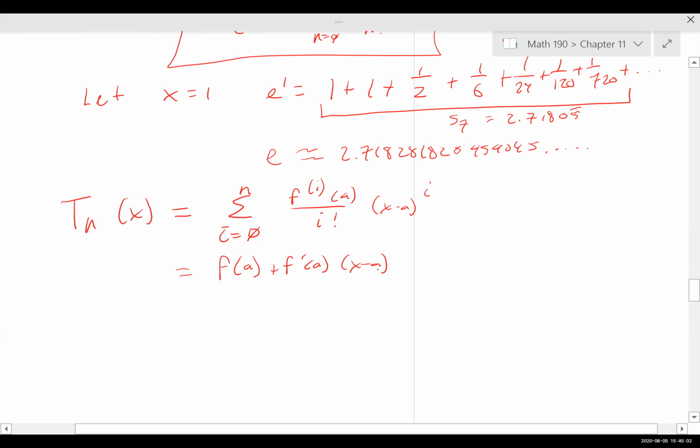This is our Taylor polynomial, right? This is our Taylor series.